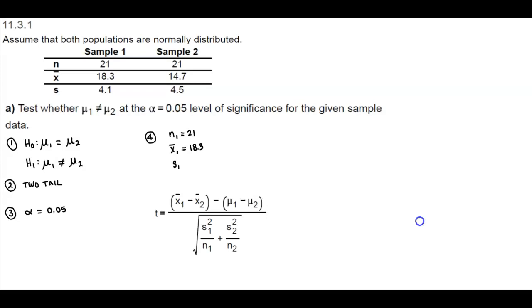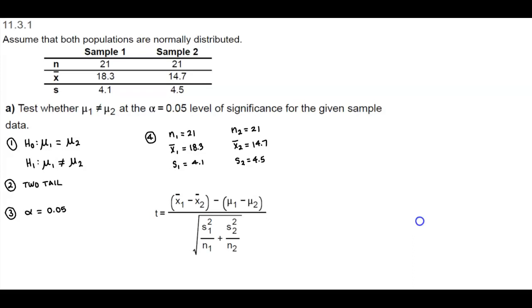The sample standard deviation for population 1 is 4.1. For population 2, the sample size is 21, the sample mean is 14.7, and the sample standard deviation is equal to 4.5.